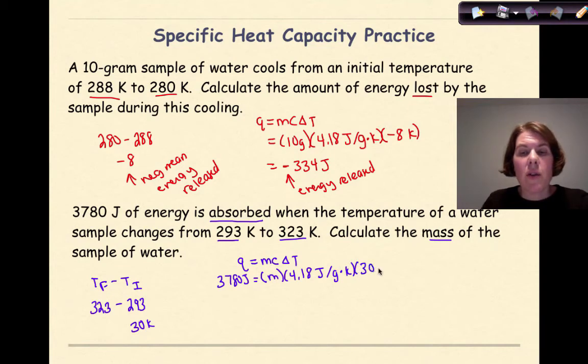So over here, I'm going to have 30 Kelvin. So if I multiply and divide out and I solve for mass, ultimately my mass will be 30.14 grams. And if I look at all my numbers, I need to go to 3 significant figures. So my final answer, to be more accurate, should be 30.1 grams.